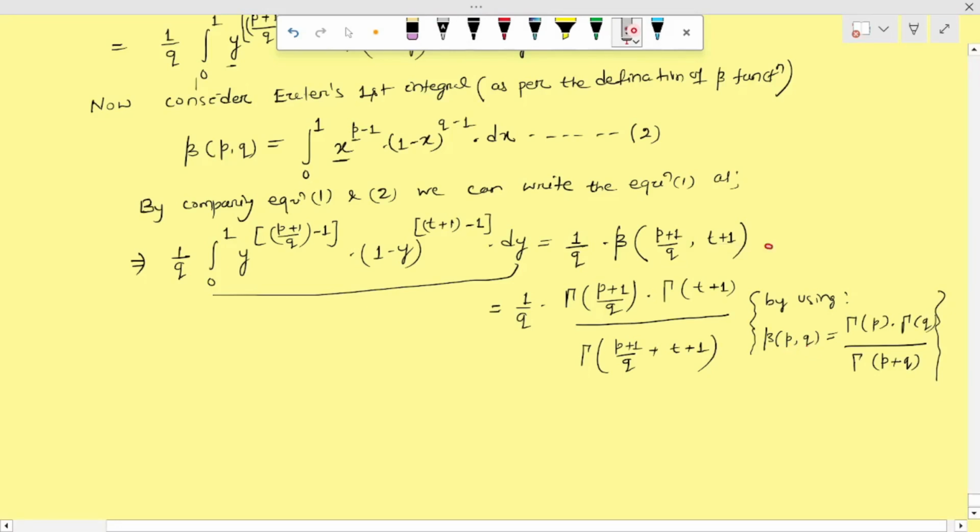So if I'm going to transform beta to gamma function, then gamma p, that is nothing but gamma p plus 1 by q, gamma q, here it will be gamma t plus 1 by gamma p plus 1 by q plus t plus 1, right?